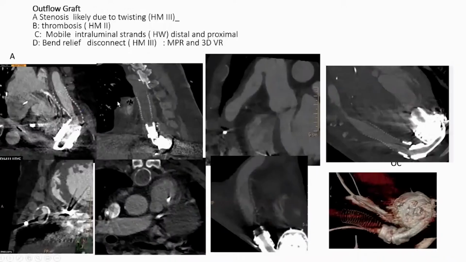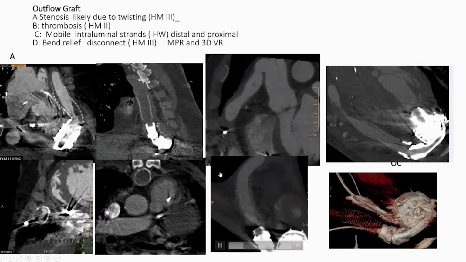Another thing that we can see in the outflow graft is twisting of the cannula, which is made of Teflon material, and with time, you can produce physiology similar to tamponade. Or this dramatic case of outflow cannula thrombosis.